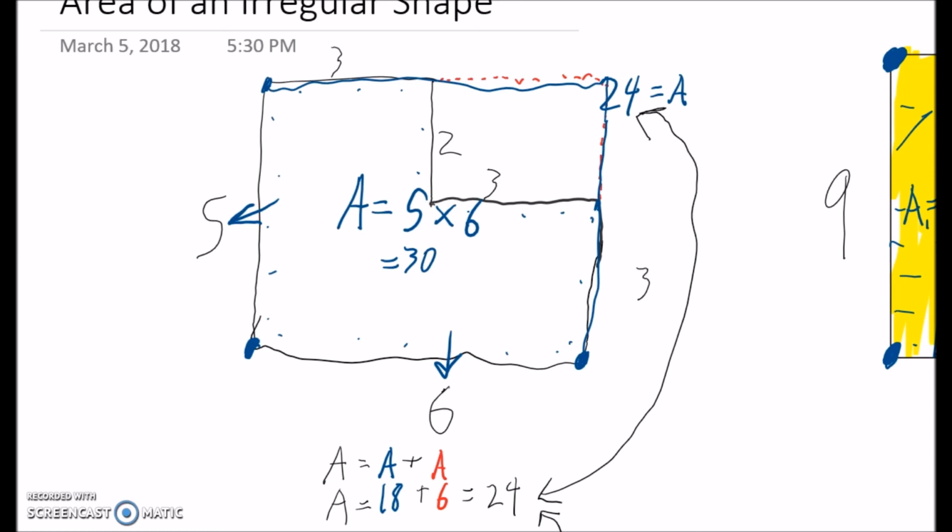Okay, and what we need to do now is take off this top right corner, right? So this side here, from here to here, is 2. So side times side, 2, times this side to this side is 3. It's labeled right there. So 2 times 3 equals 6.